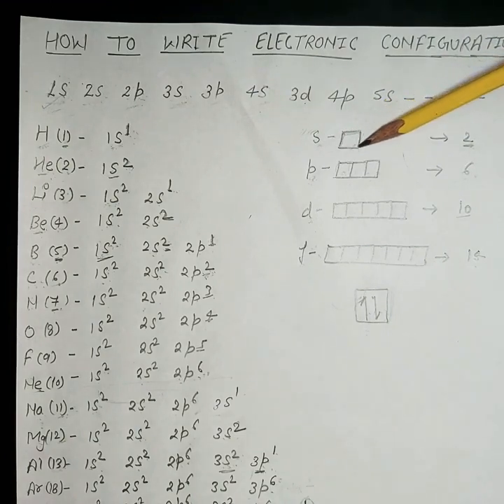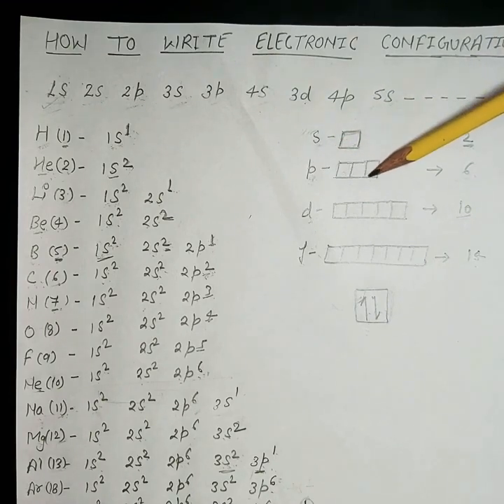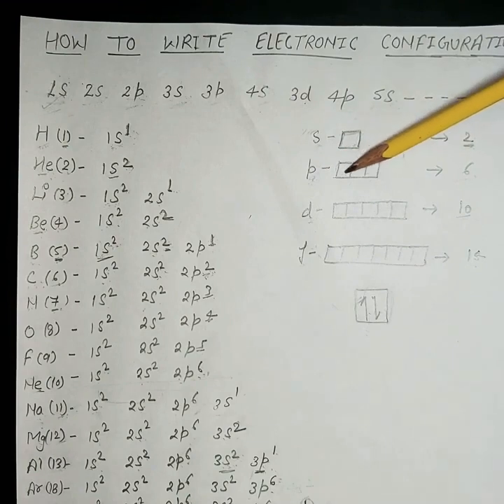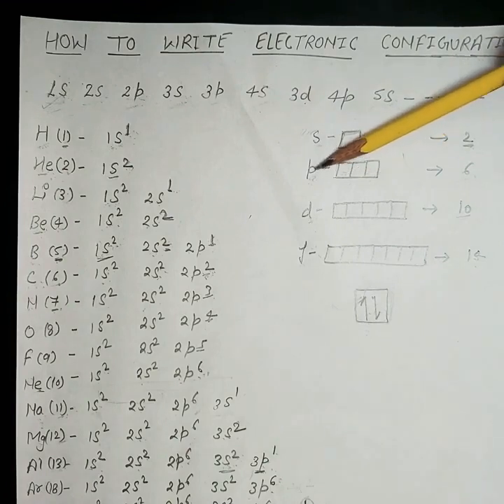Now for the p suborbit, since p has 3 orbitals, and one orbital can have 2, how many electrons will p have? 3 into 2 means it will have maximum 6 electrons.